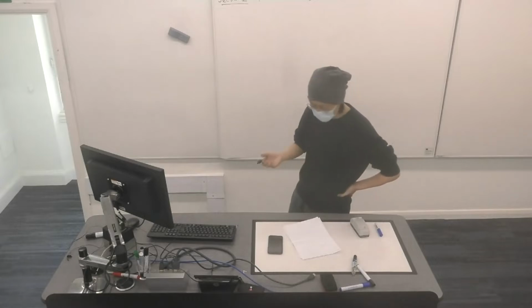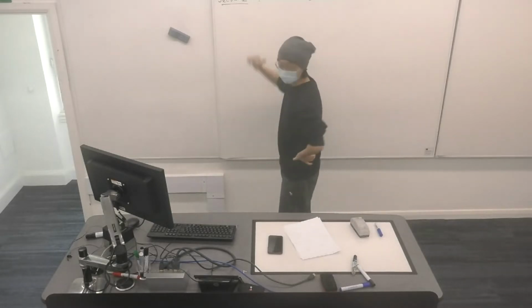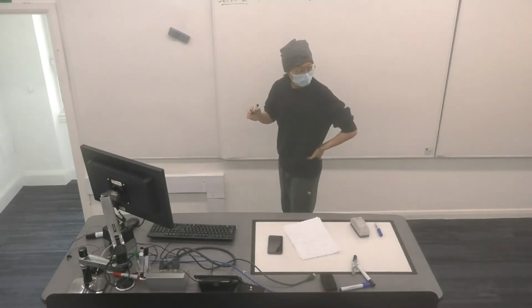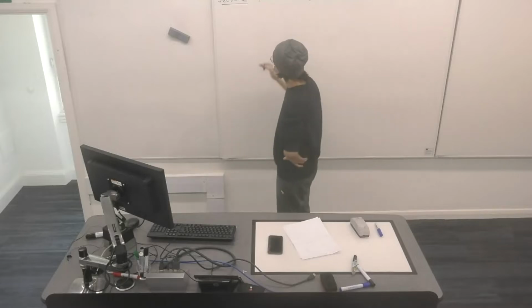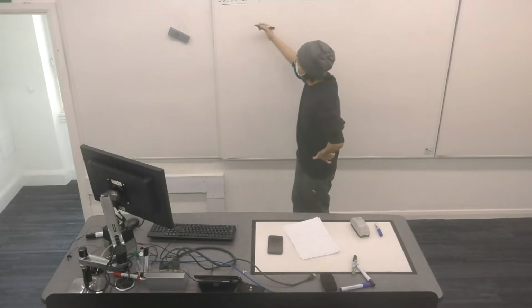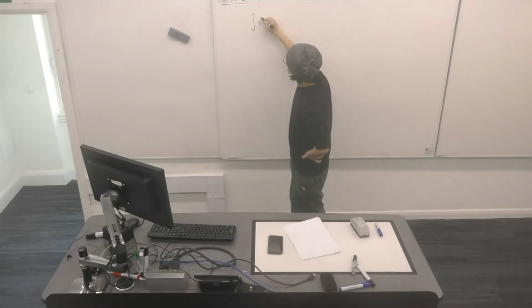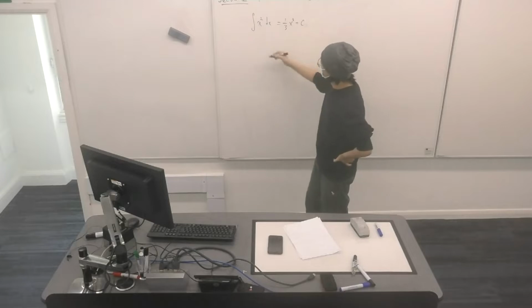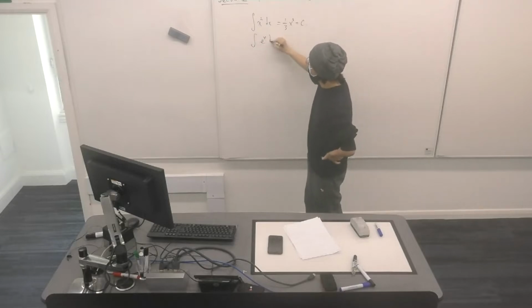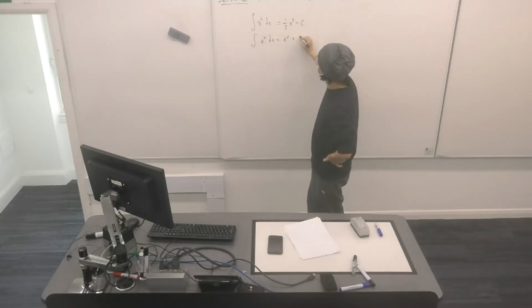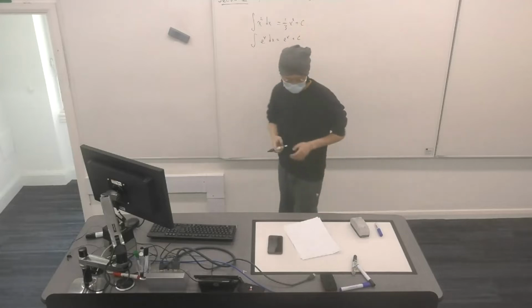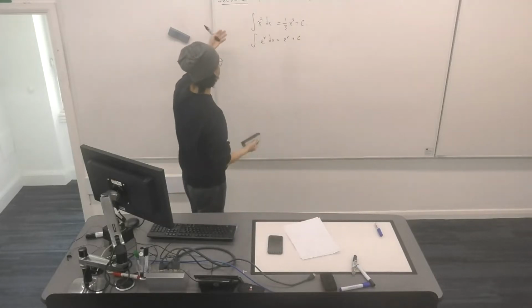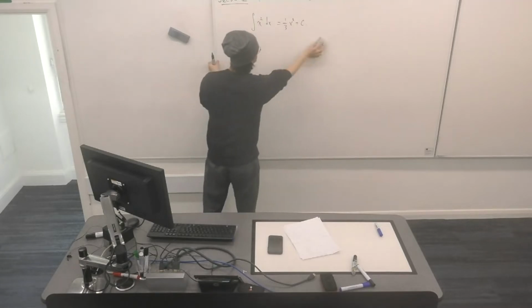Some functions are easy to integrate. For example, this we all know is just this. And for example, e to the x is e to the x. But these are pretty easy, and we have quite an elaborate literature on how to do these integrals.